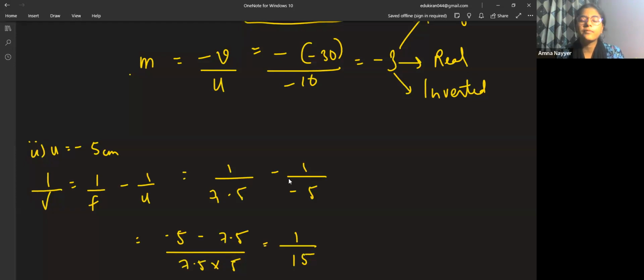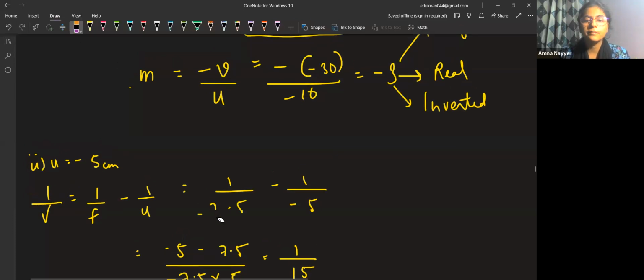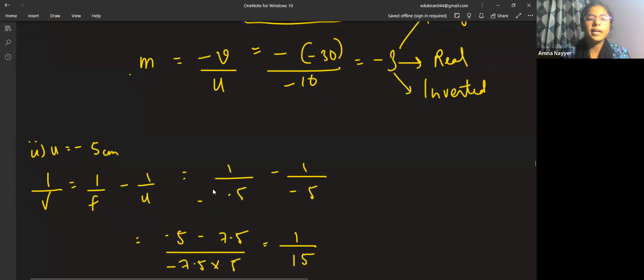Ma'am, shouldn't it be 1 by minus 7.5? Yes, minus 7.5 only. While I was calculating, I had written minus 7.5. Then only you will get minus. Here I just missed it while writing. Yes, ma'am, minus 7.5 because focal length we are taking for the same mirror.